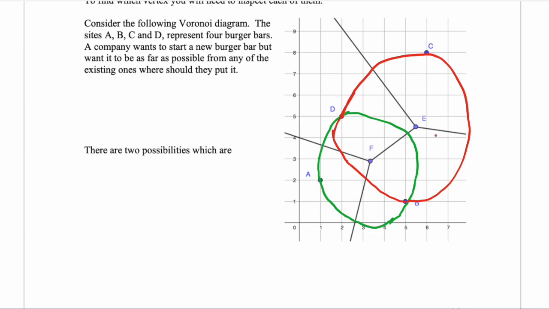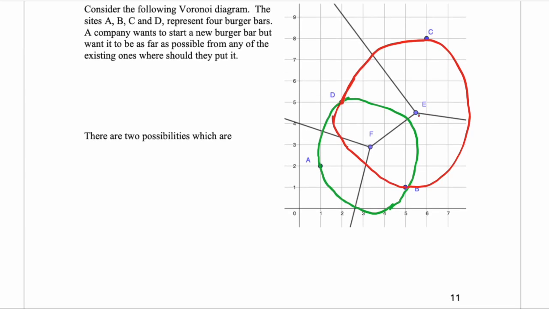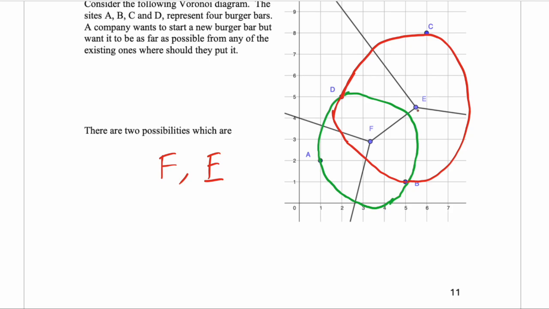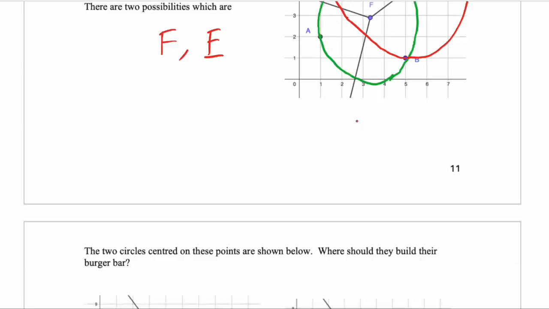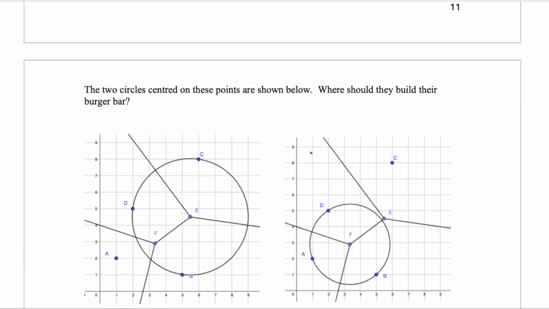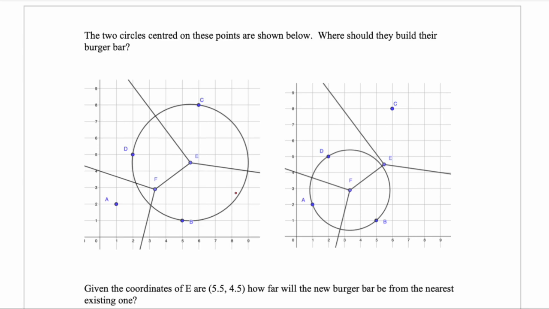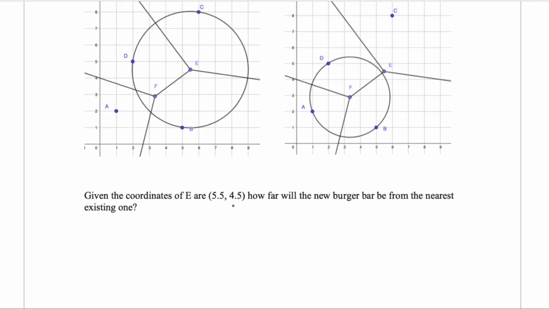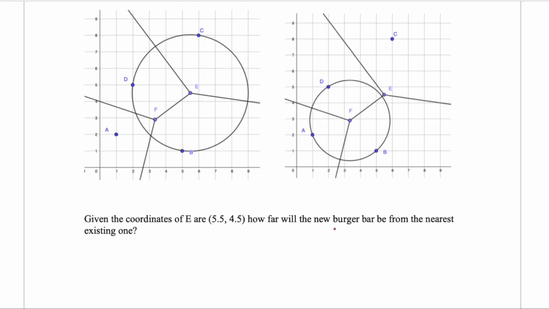So the 2 possibilities are F and E, but the best choice would be E, because the distance is further away from sites C, D, and B. We have the diagrams drawn on the next page as well, and you can see that this circle is a lot bigger.